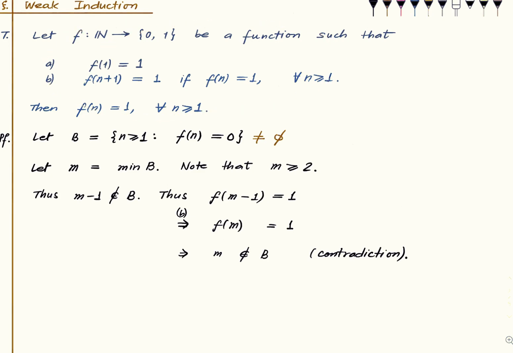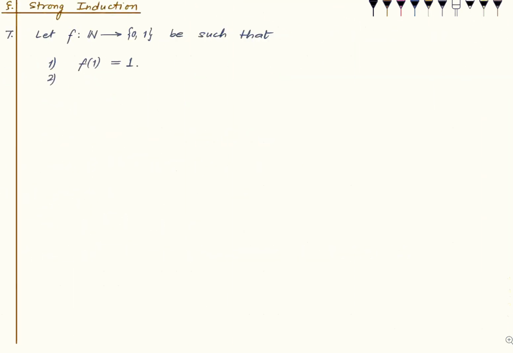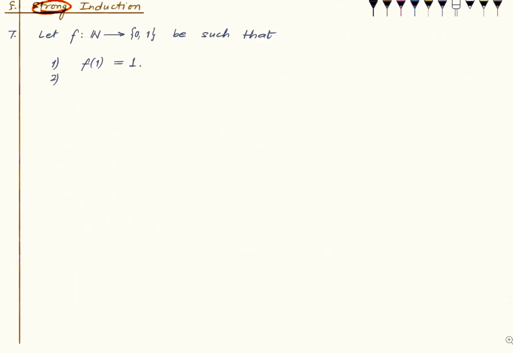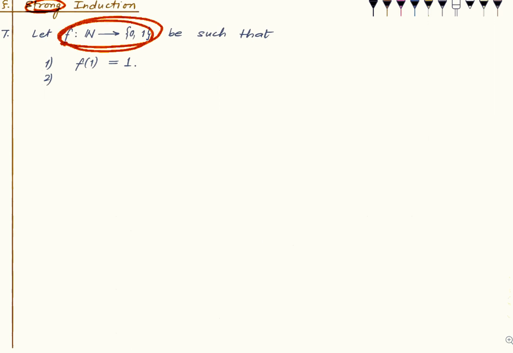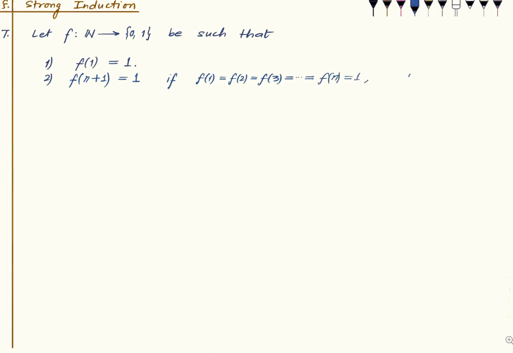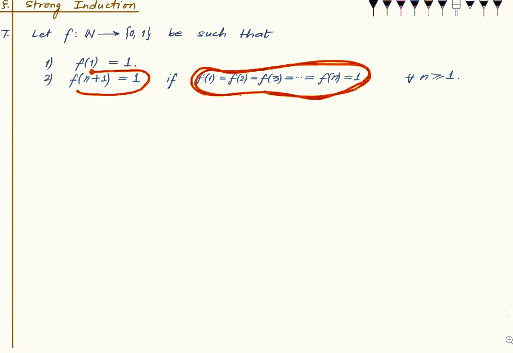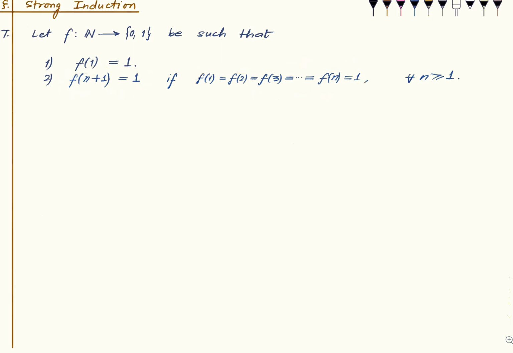We also have something called strong induction. So again, fix f as a function from naturals to {0, 1} with f(1) equals 1 and with the property that, so the second statement looks a bit more complicated. What it is saying is the following: fix some natural number n, and suppose you detect this to be true, then this is true, right?